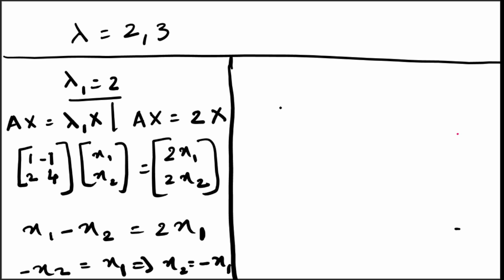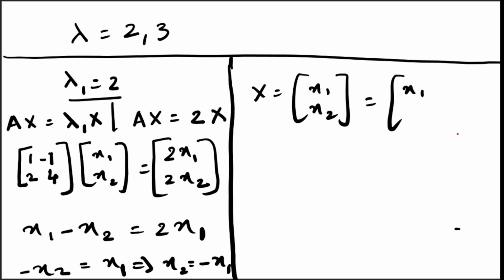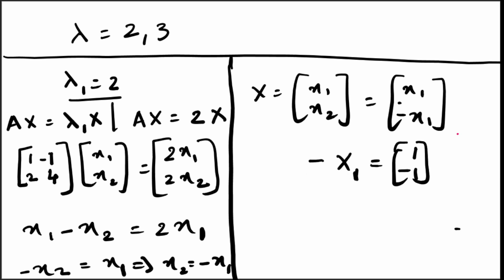Then x is x1, minus x1. Divide the elements by x1, so we get 1, minus 1. This is the first eigenvector, corresponding to lambda 1 equal to 2.